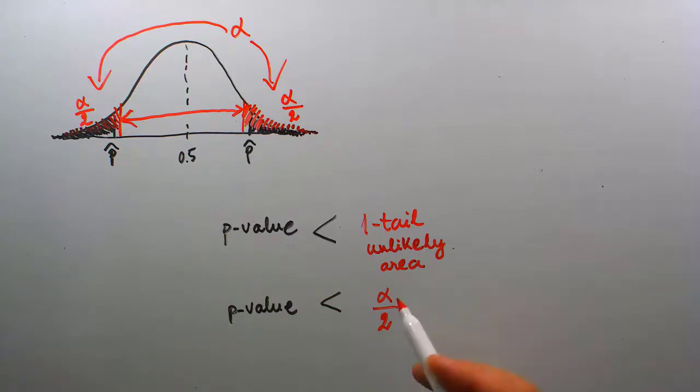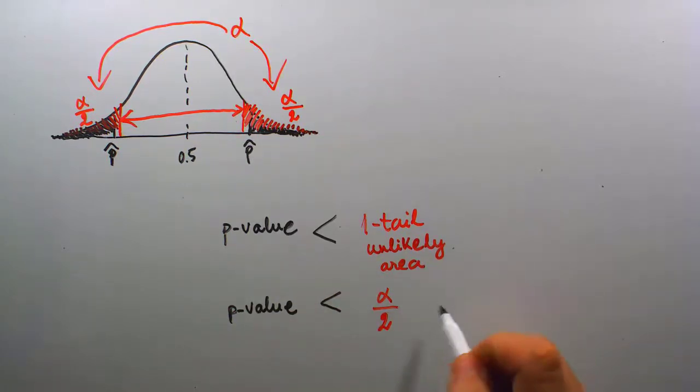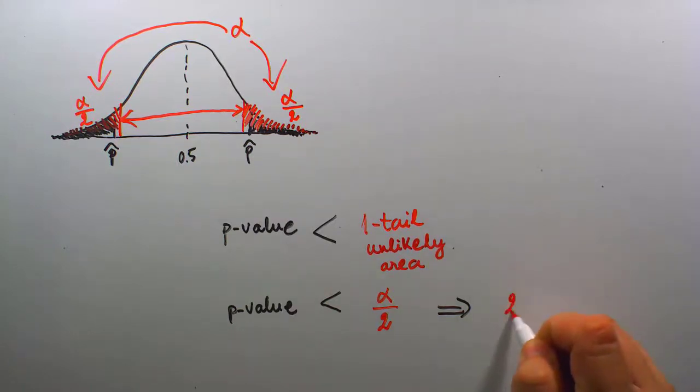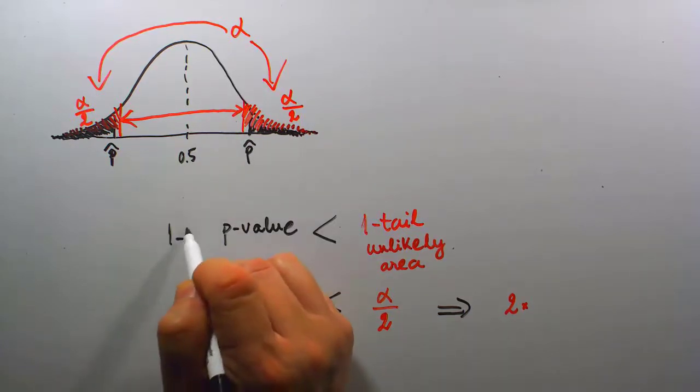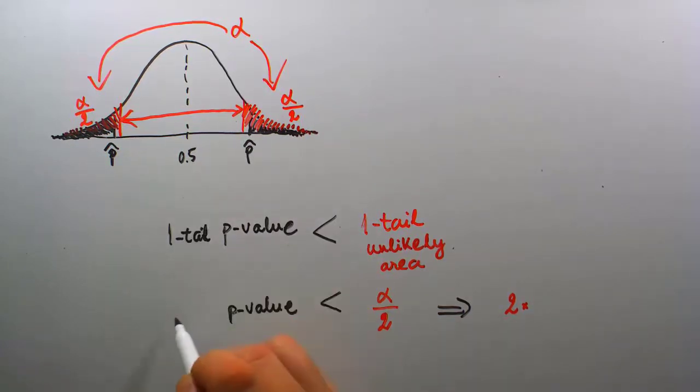And so now, from this point on, mathematically speaking, we can just do a trick: we multiply both sides by that 2 right here. In other words, we see that as doubling the one-tail p-value. Any of these calculations, any of these p-values I have been talking about, are all one-tail p-values.